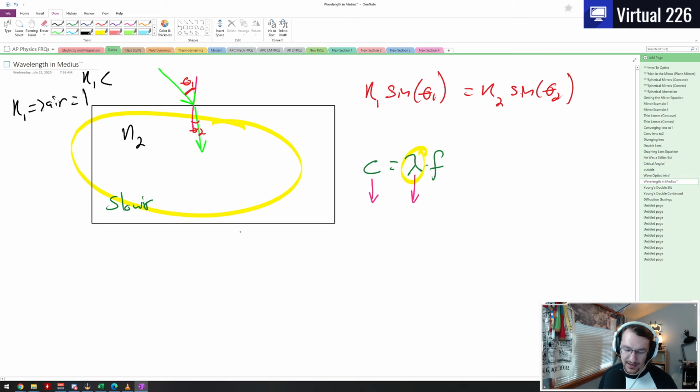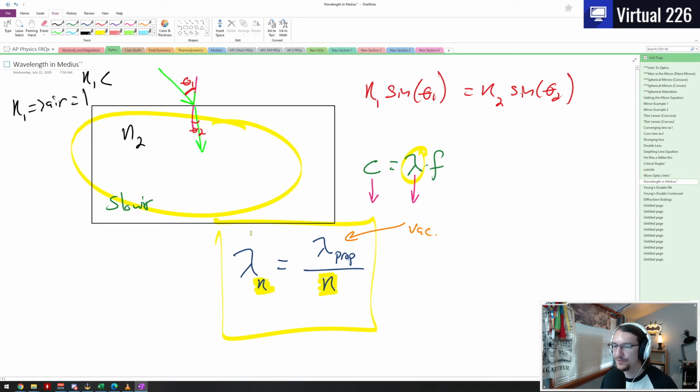The wavelength inside the medium is equal to the proper wavelength, the wavelength inside a vacuum, simply divided by the index of refraction of whatever we are in. So this is the index of refraction of the new medium that you're in with the wave, and that is the wavelength of the light when you're in that medium.